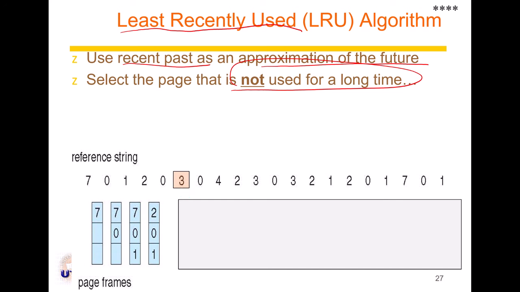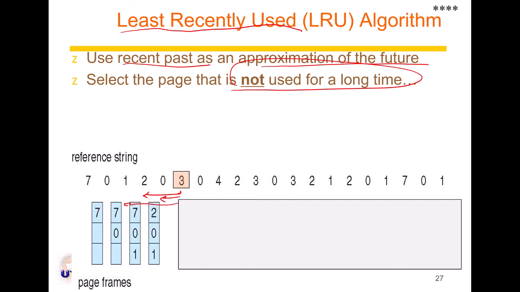So what do we do? Instead of looking forward, because we're assuming we don't know the future, we look at the past, right? Because if I keep track of which pages came, I can look backward and say that, okay, 2 was used 2 pages ago, 0 was used 1 page ago, and 1 was used 3 pages ago.